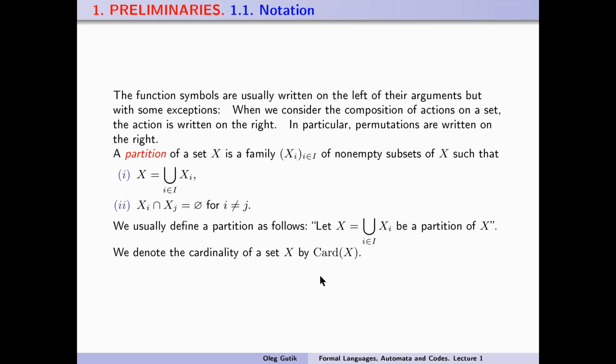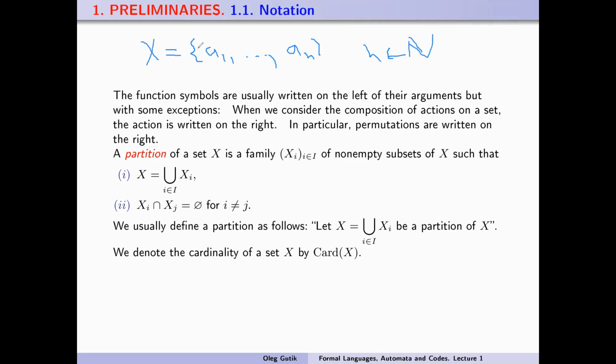Also, we denote the cardinality of the set X by card X. What is the cardinality? When X is a finite set, what is a finite set? If the elements of X we shall denote by a1, a2, a3, and so on up to an, where n is some non-negative integer.